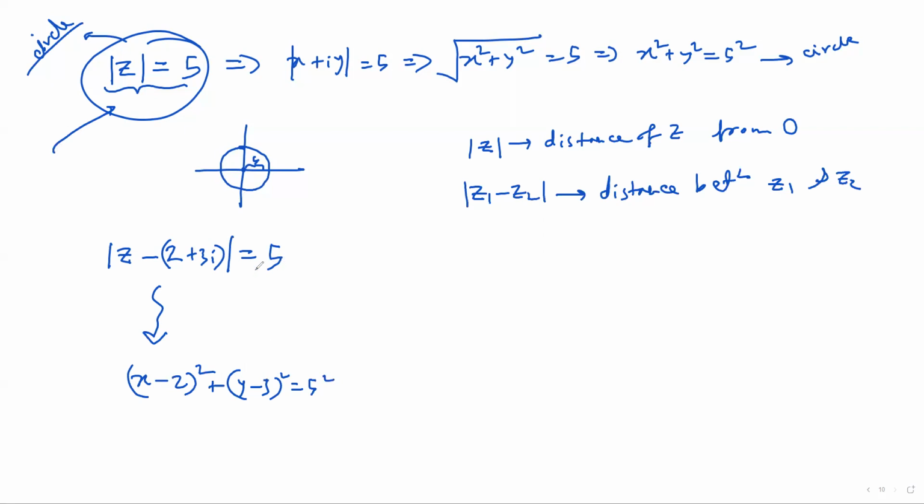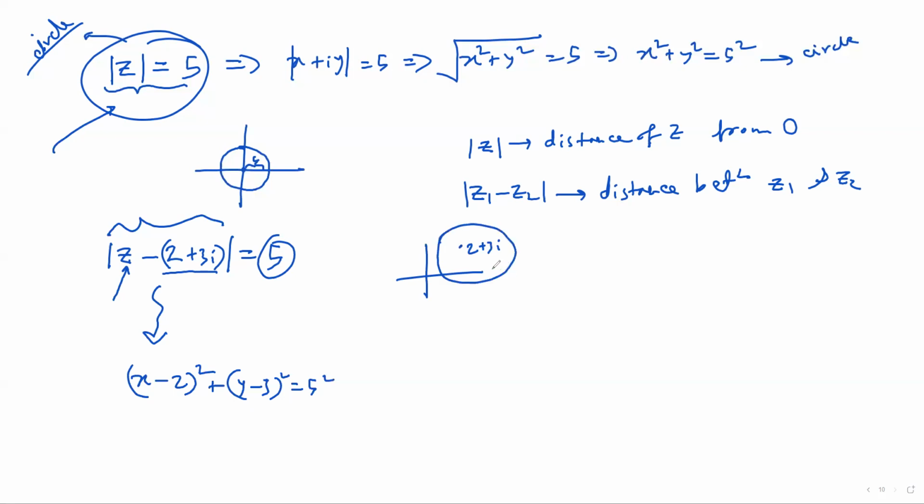But even conceptually, you can see that the left-hand side represents the distance between all the complex numbers Z and the point (2, 3) in the complex plane. And that distance is kept constant, equal to 5, right? So these are the set of complex numbers that are exactly 5 units away from the complex number 2 plus 3i.